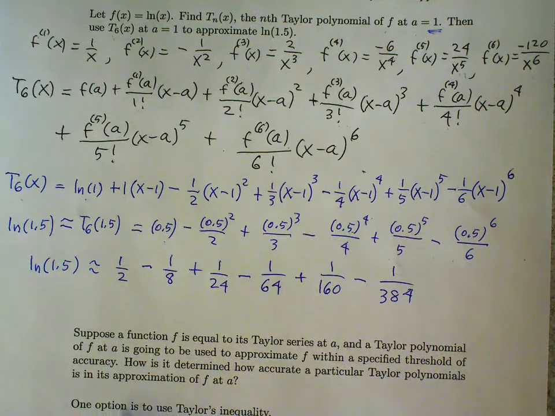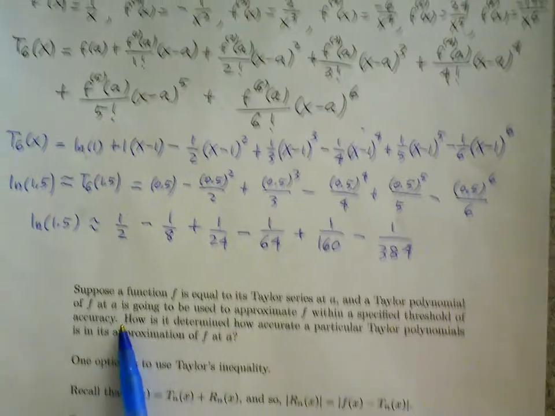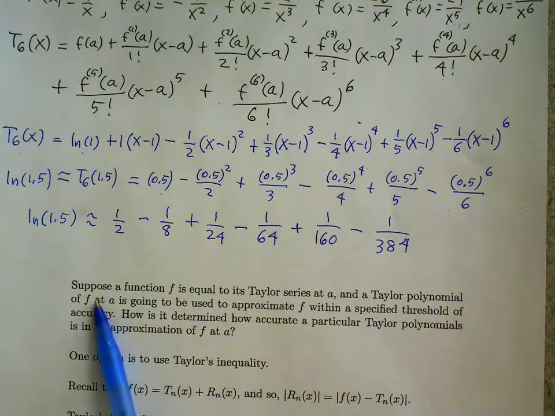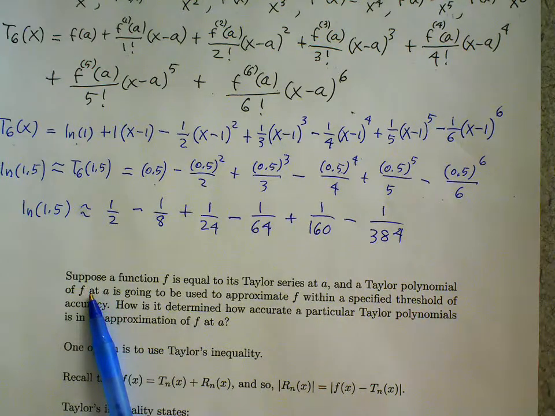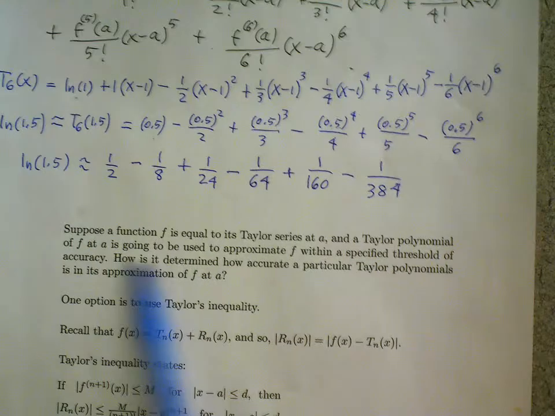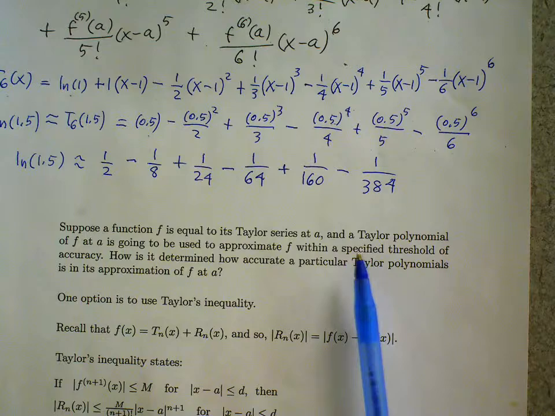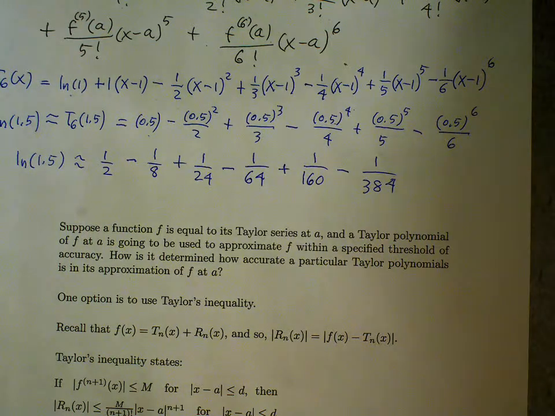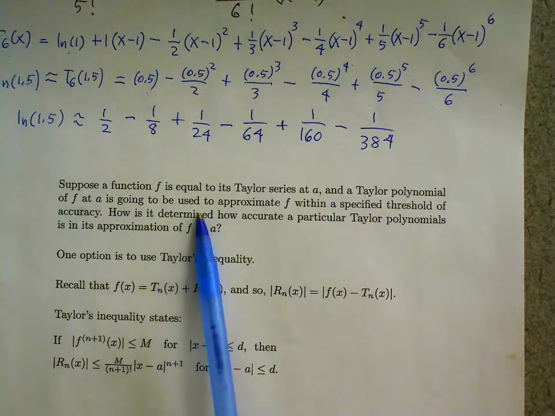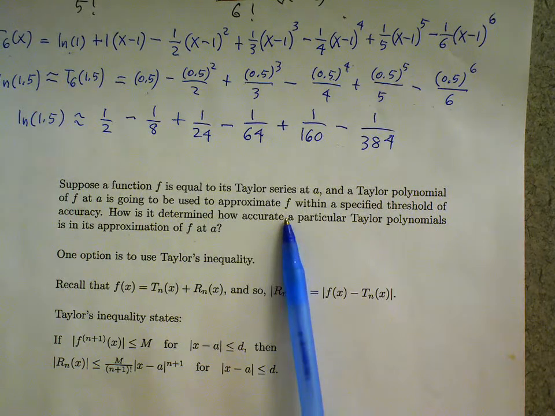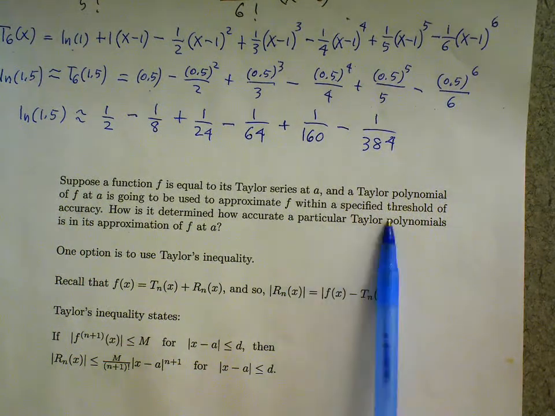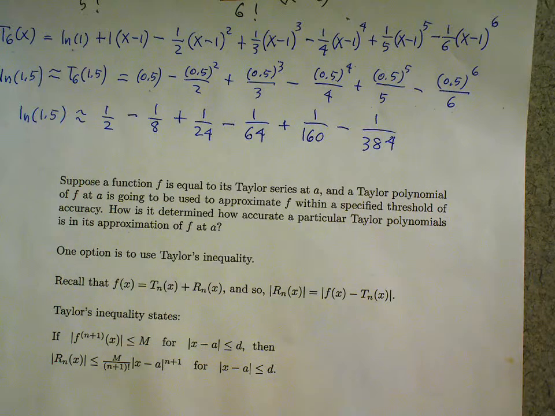All right. So suppose for the next part, suppose a function f is equal to its Taylor series at a, and a Taylor polynomial of f at a is going to be used to approximate the function f within a specified threshold of accuracy.